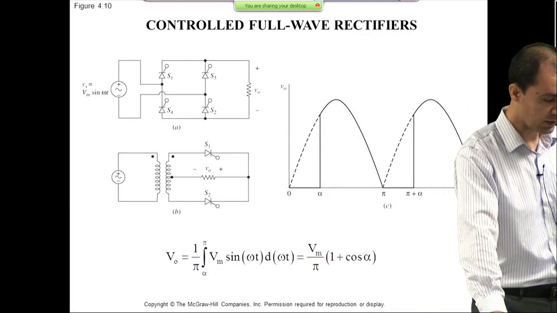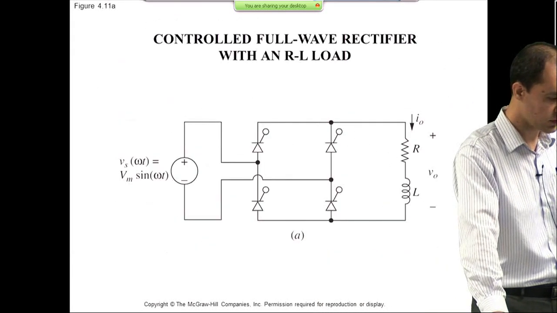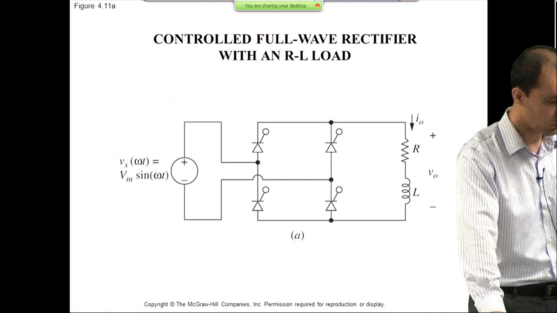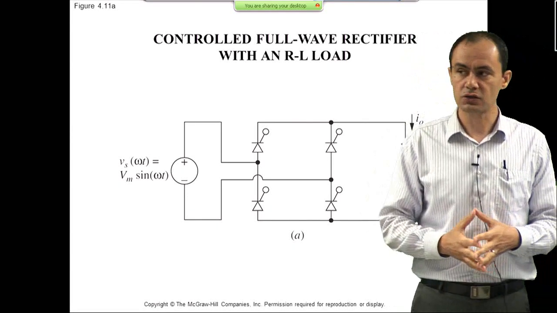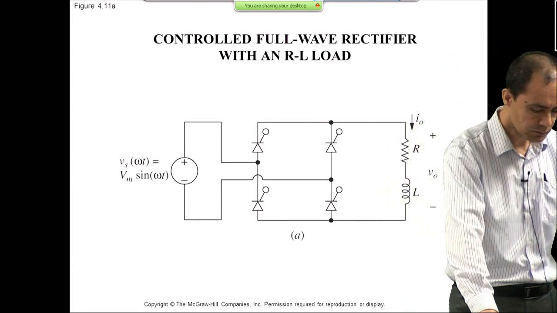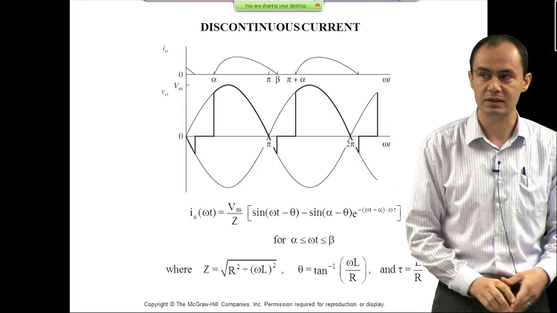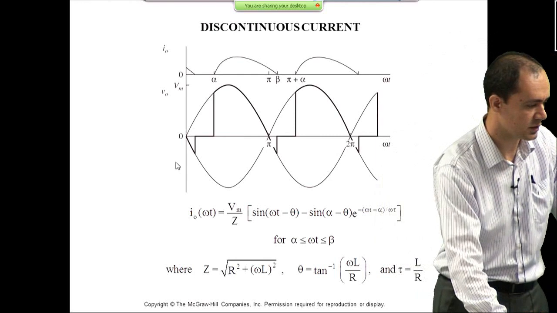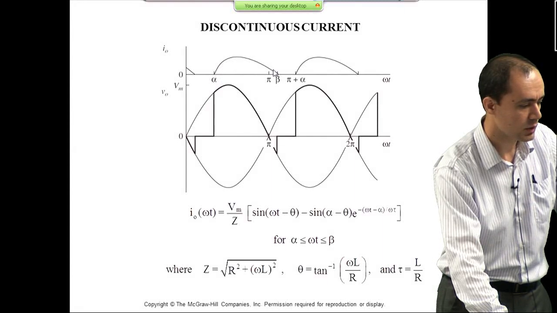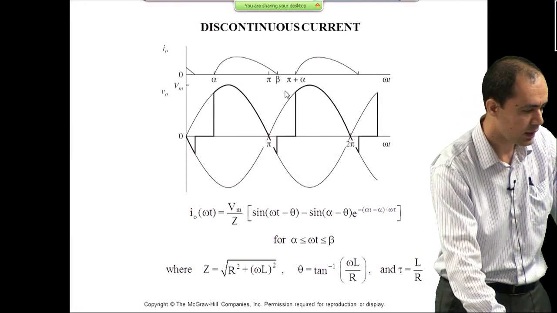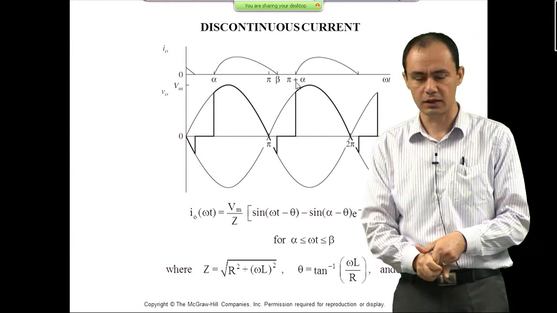And as it turns out, we have two different modes of operation when it comes to an RL load. If the inductor is relatively small, the current is going to be discontinuous, like over here. You can see this is the output current, and this is the firing angle of your SCR. The current conducts, but returns back to 0 at beta before the next firing angle arrives, before pi plus alpha arrives.